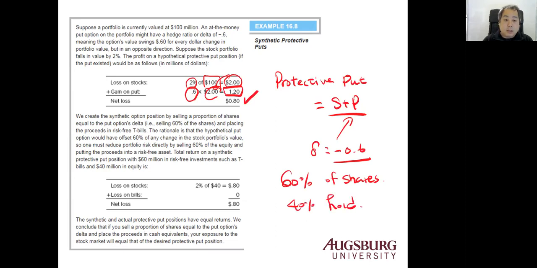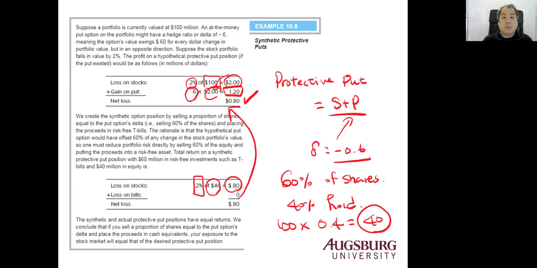It means you now only have 100 million times 40%, which is 40 million. So your portfolio is 40 million. Now, if we lose 2%, you lose 800,000, which is the same as the net loss from the protective put. So this is called the synthetic protective put.